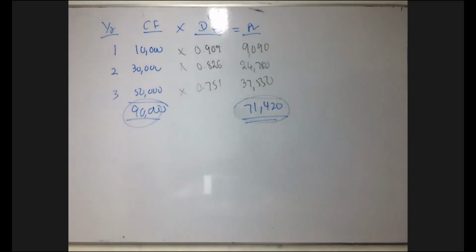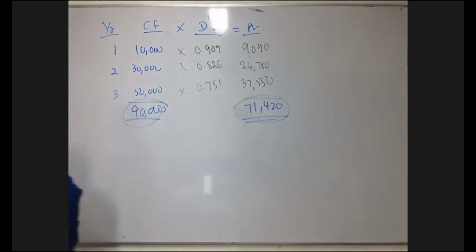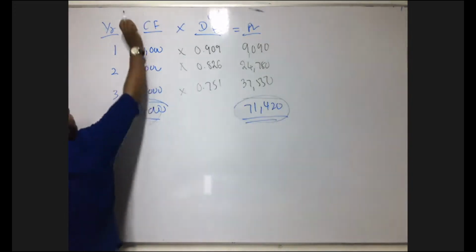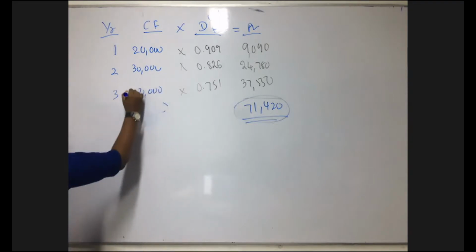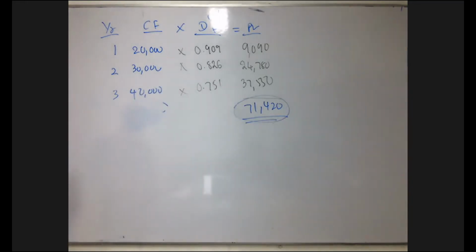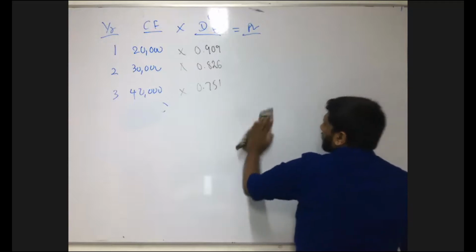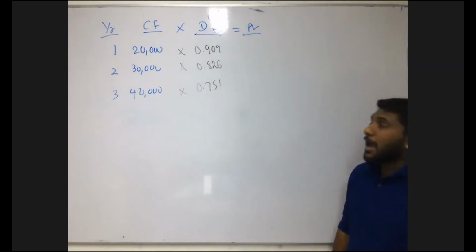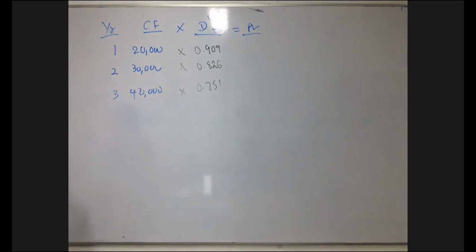Year 2, 30,000. Year 3, 40,000. The rate is 10%. Calculate the total present value.